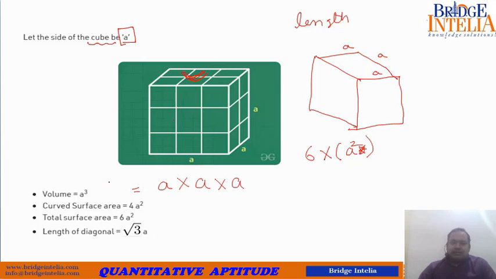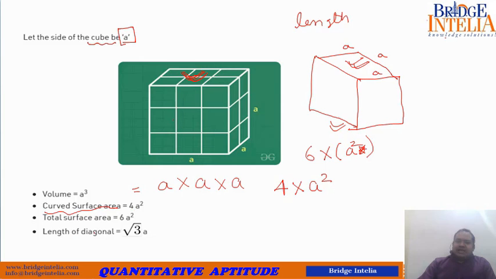But when you talk about the curved surface area, you don't include the top and the bottom portion. In that case, you include only 4 faces out of 6 faces. So the total surface area is 6a square, and the curved surface area is only 4a square.